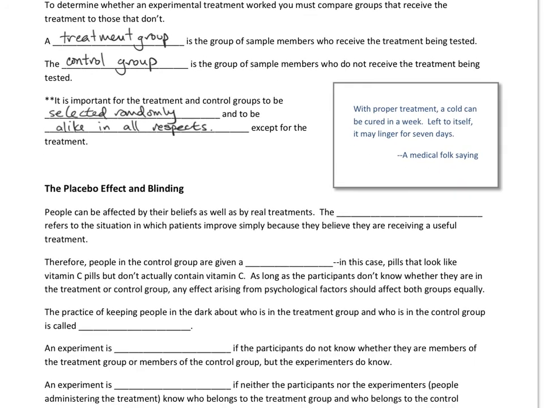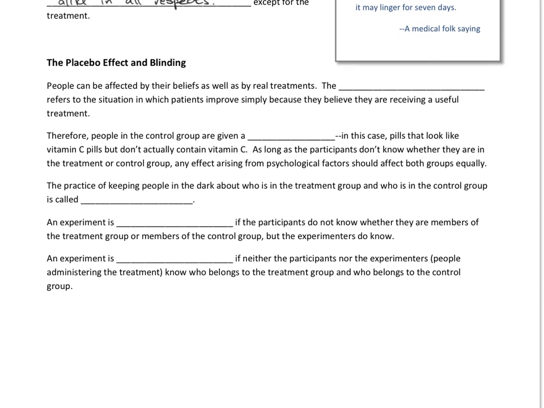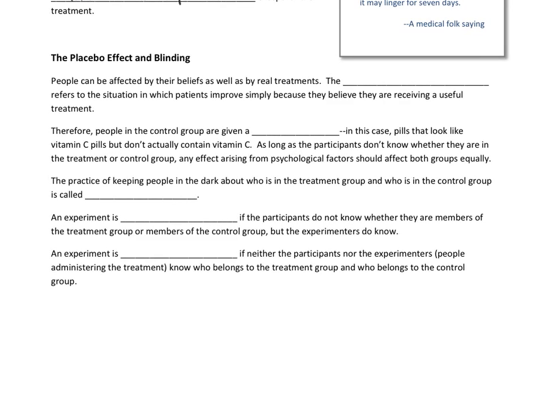Down here we've got this last little bit called the placebo effect. The placebo effect and blinding we'll get to. The placebo effect is very, very strong. What it says is that people can be affected by their beliefs as well as by real treatment, and that is what we call the placebo effect.